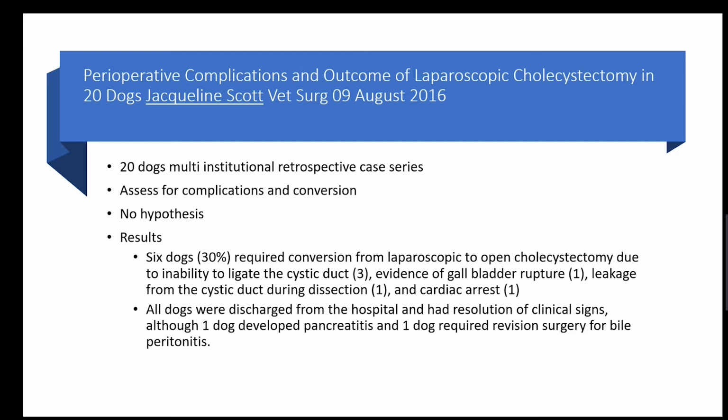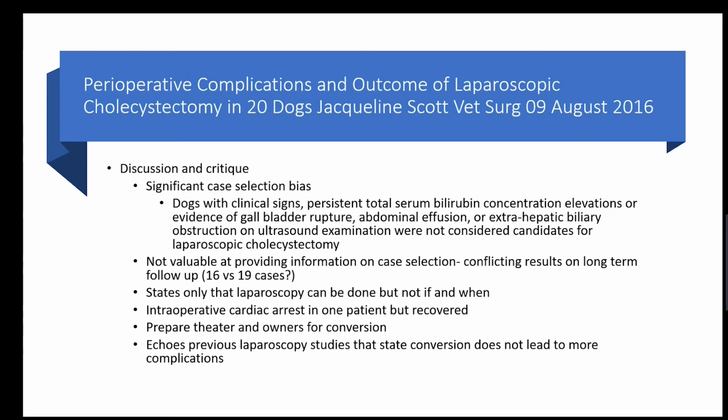The good news, again echoing the other studies, is that all dogs were discharged from the hospital. They reported that they all had resolution of clinical signs, although unfortunately they don't follow all of these patients long-term, and they did find that there were some complications, including pancreatitis in 1 dog, and also a dog that had leakage from the common bile duct following surgery and did require repeat or revision surgery.